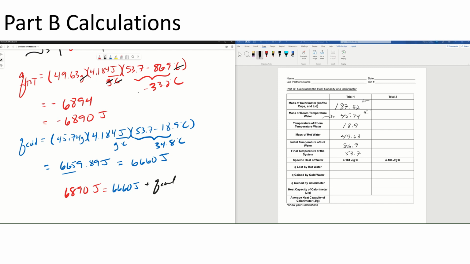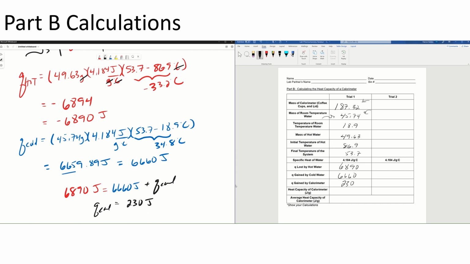So you just have to do subtraction here. 6,890 minus 6,660 tells us that the Q of the calorimeter is equal to 230 joules. And so that's what you would write here. Q the calorimeter, 230. So we know this value was 6660 and this one was 6890.